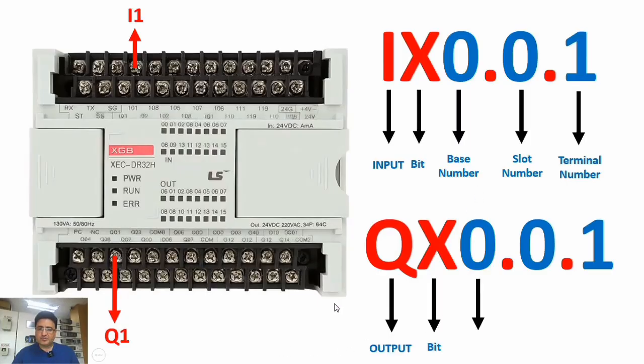We already explained the first 0. We said it's the base number, and in compact PLCs it's always 0. The second 0 is the slot number, in case we add an output card to this PLC. We enter its slot number here, and finally, this one you see here refers to the terminal number. So here we're now assigning an address to output Q1.